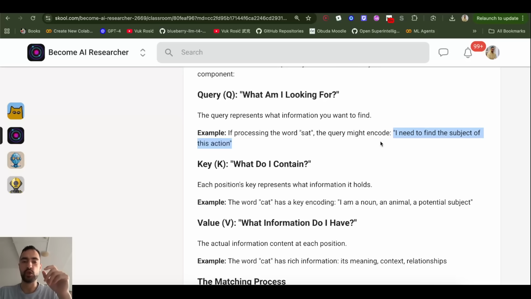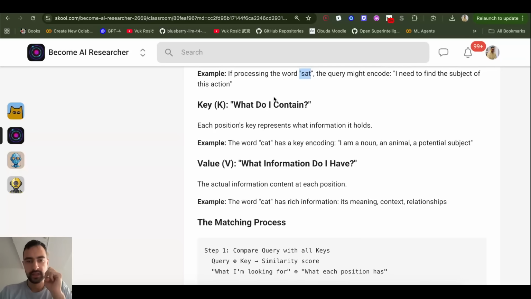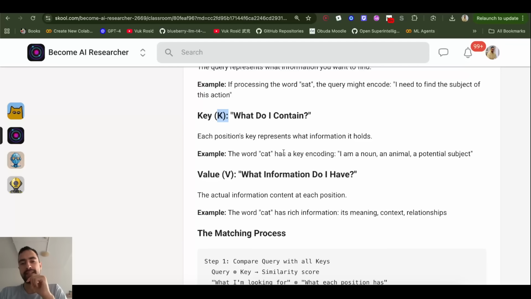So when you have a query of the word set and it sees the word cat, it will have a high dot product between the query of the word set and the key of the word cat, because this query learned to adjust its weights to look for nouns or subjects. The key, for example, of the word cat might say, I am a noun, an animal, a potential subject.